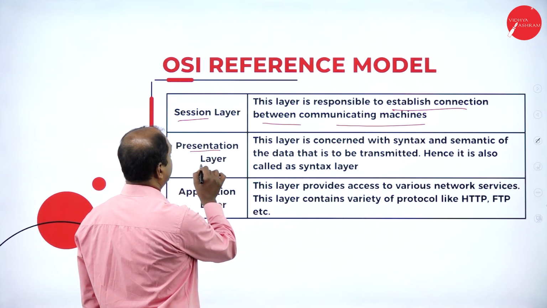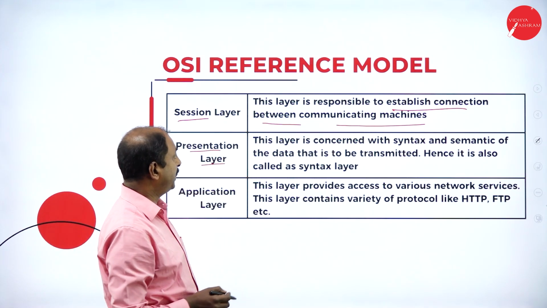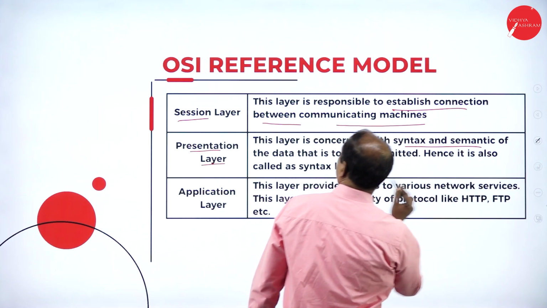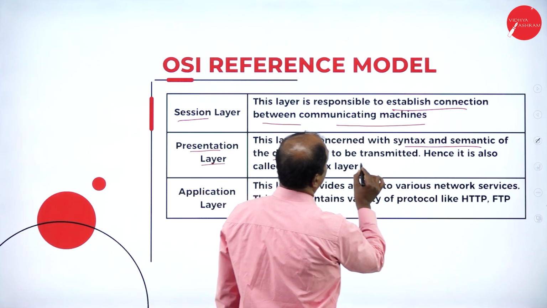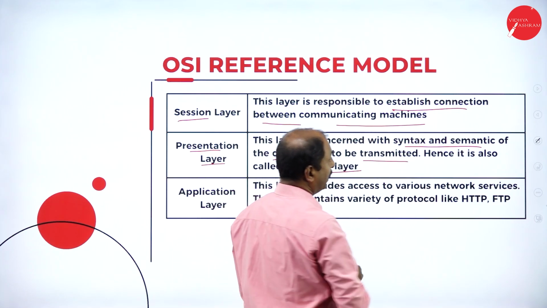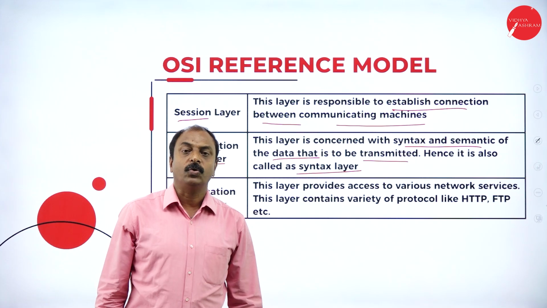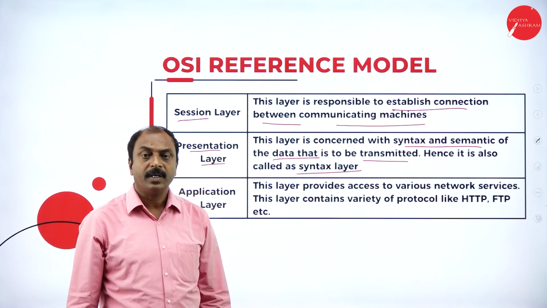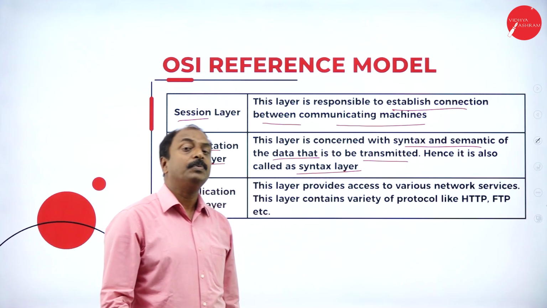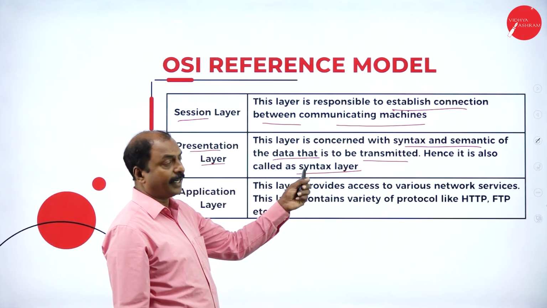Next one is the presentation layer. So what is the presentation layer? This layer is concerned with the syntax and semantics of the data that is to be transmitted. Hence, it is also called the syntax layer. Data from different systems, in different networks, and of different types will be transmitting over the network.